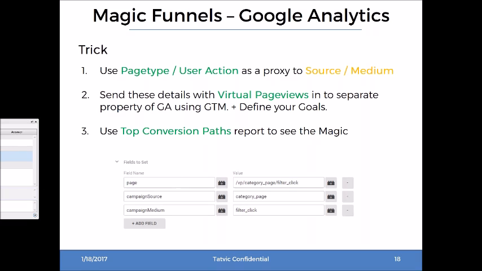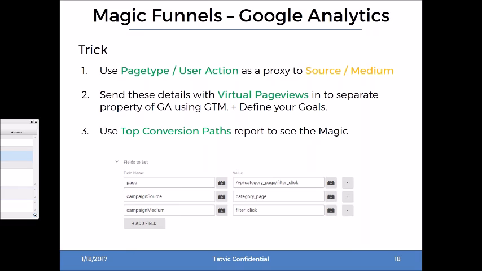So here is the configuration of GTM. I'll just show you. So for a page, you are going to pass a virtual page view, and in the campaign source we are going to pass category underscore page, which is the page type, and in the medium we are going to pass filter clicked. Right.